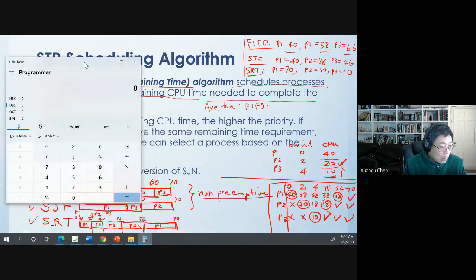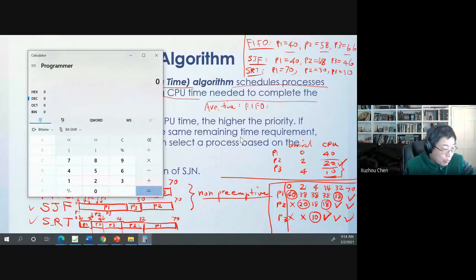So let's do this, just a very simple job. For FIFO, I'm talking about 40 plus 58 plus 66, right? Equals 164. Because we're talking about the average CPU time, we're going to divide by 3. So it's 54, okay? So the average CPU time is 54 for FIFO.